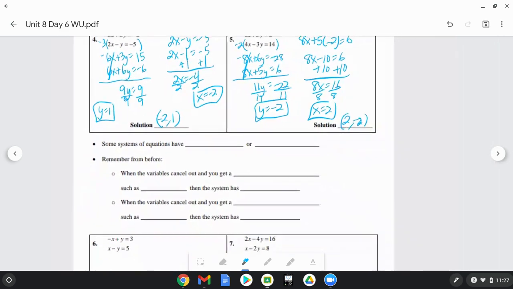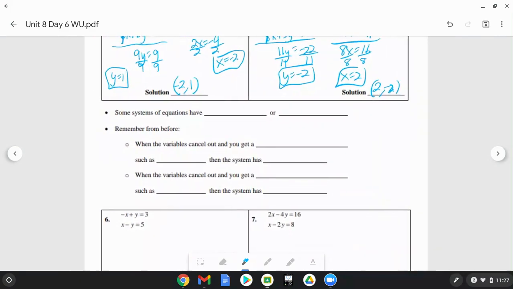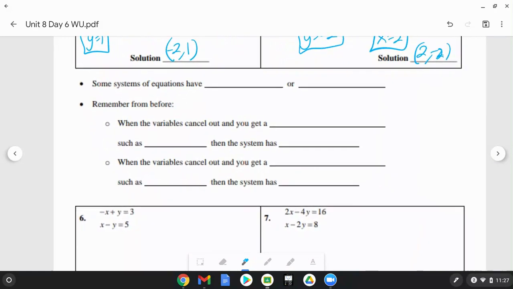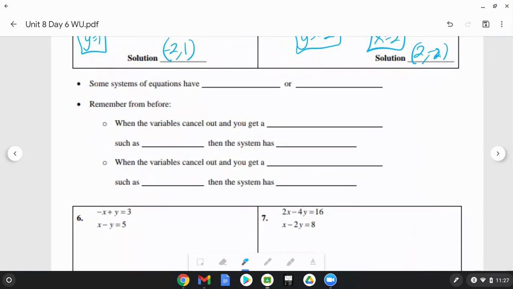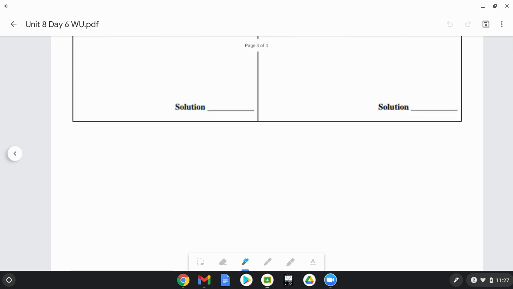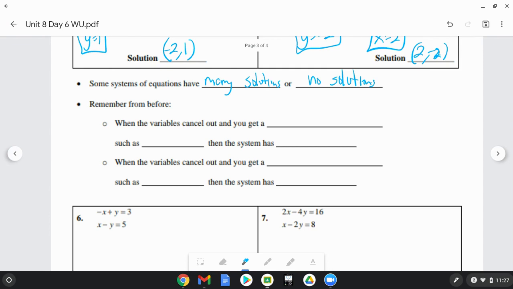And then sometimes we're going to have many solutions or none. And that occurs when all the variables cancel out.